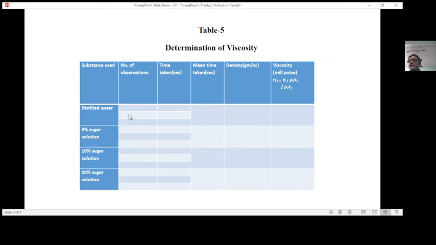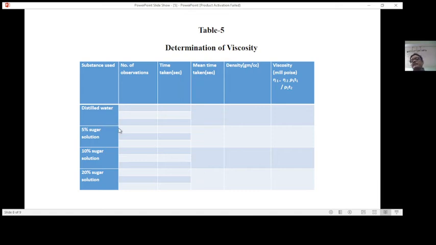For distilled water, you put distilled water in the Ostwald viscometer, and the time will come out between specific water levels. We have to take it 3 or 4 times, get the time, and get the average or mean time in seconds, and from table number 2 etc. we can get the exact density of the solution, which will be calculated here.